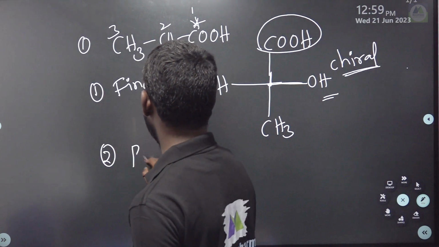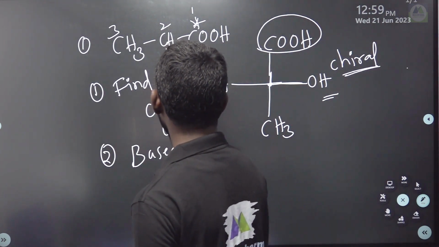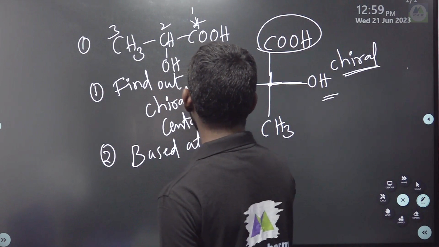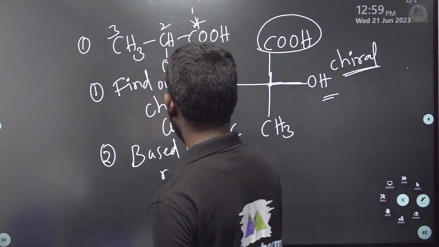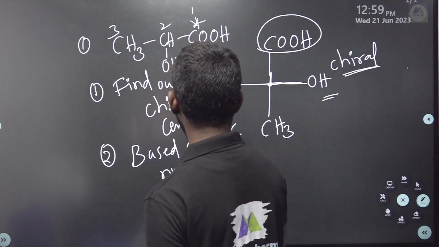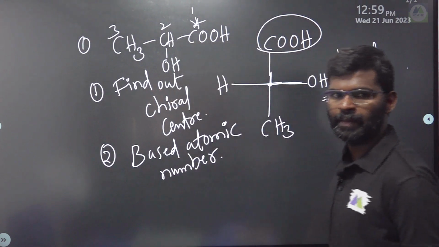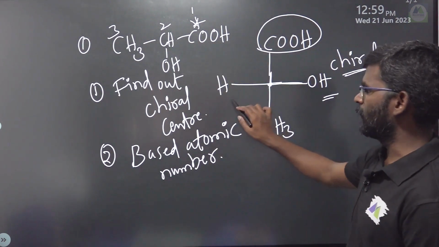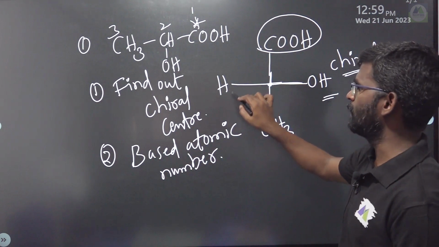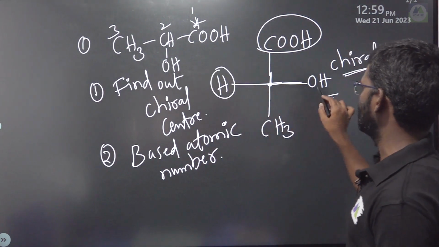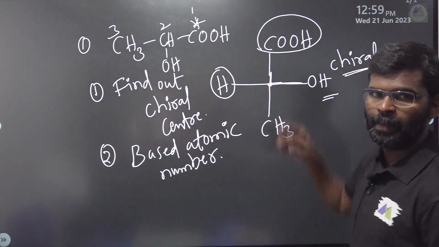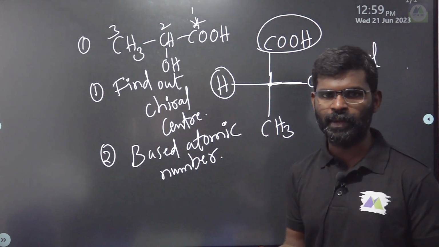So here, based on atomic number or atomic weight. Hydrogen is atomic number 1. Oxygen is 8. Carbon, both are common. Which one has the highest atomic number? Oxygen.